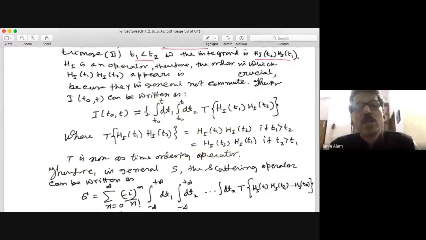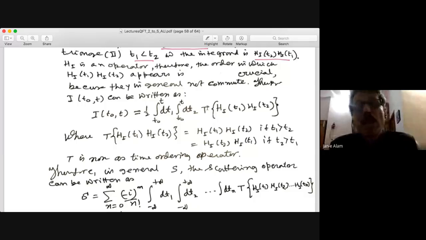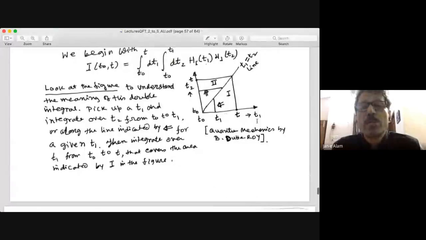So again, what I have to do, I have to introduce a time ordered operator here, because this will contribute if T2 is less than T1, and this will contribute if T1 is less than T2. So this ordering, whether HI(T1) will be first or HI(T2) will be first, will depend on which of the times T1 and T2 is larger and which one is smaller.